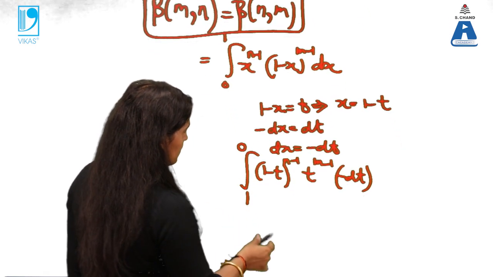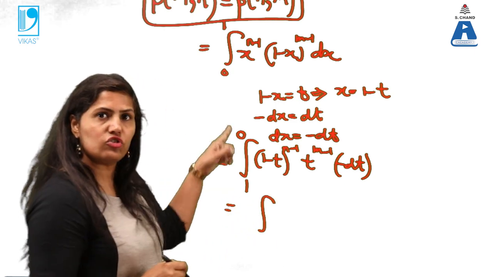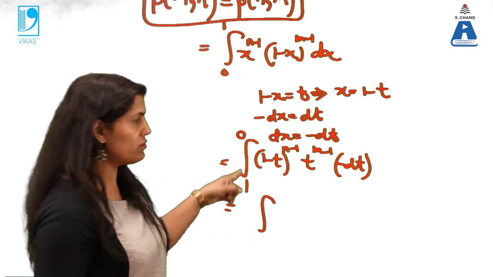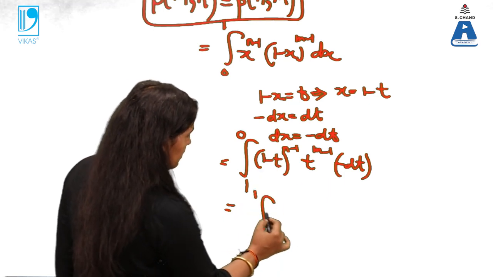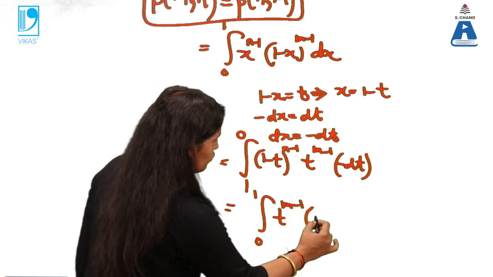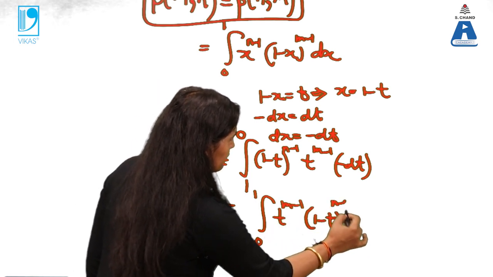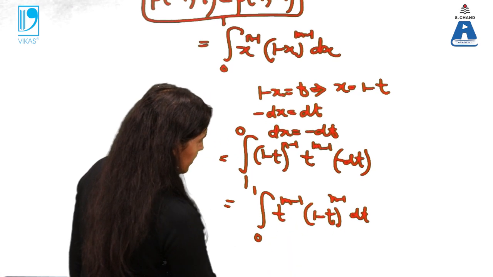Whenever we change the limits, we put a negative sign, and we have a negative. So, I am just changing the limits to make it look the same. So, t to the power m minus 1, 1 minus t to the power n minus 1 dt, and you can see this is exactly beta mn.